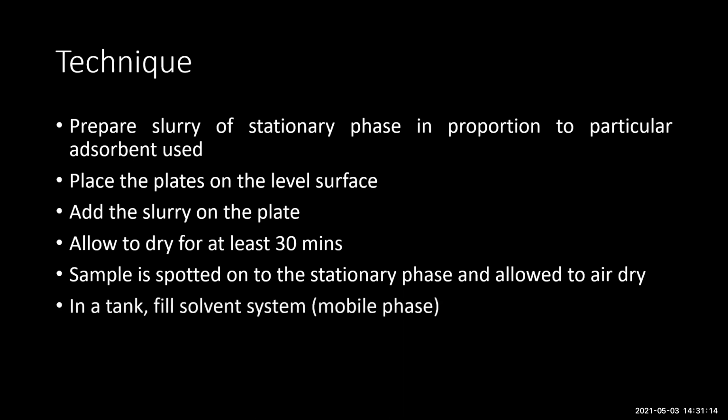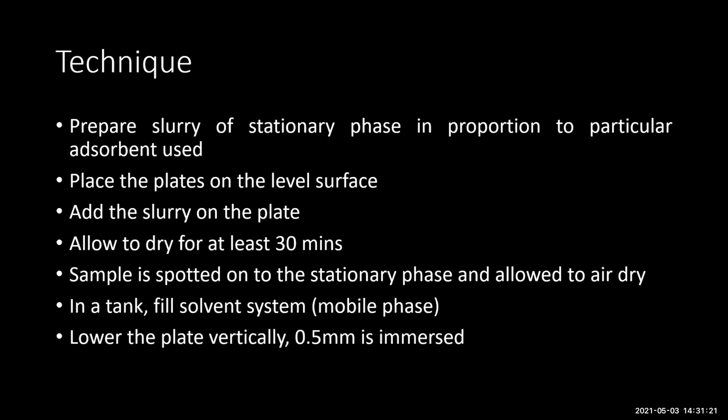Next, in a tank, fill the solvent system, that is the mobile phase. Then lower the plate vertically. Make sure that only 0.5 millimeter is immersed into the solvent system. This is a diagrammatic representation of how it is done.